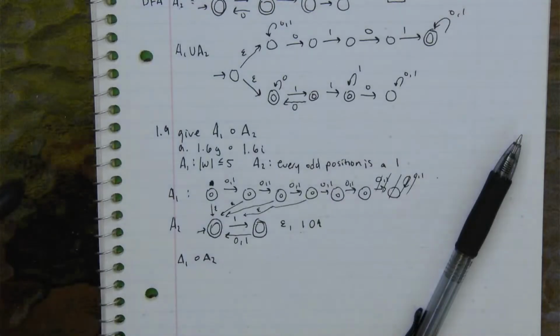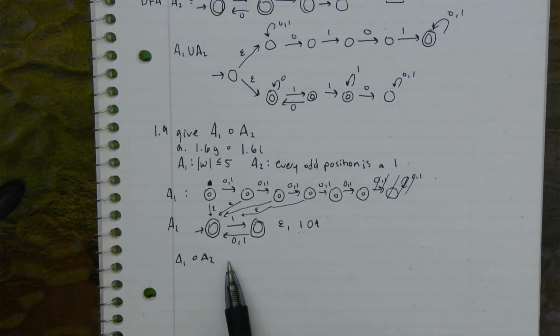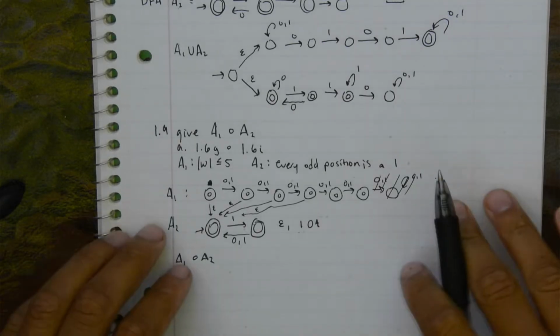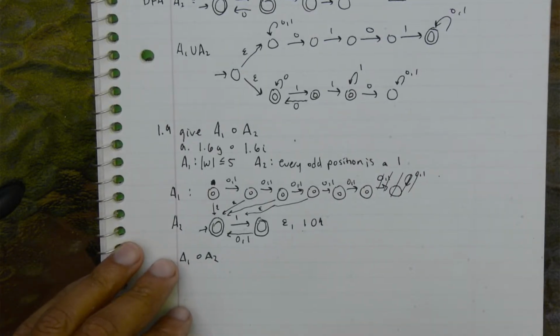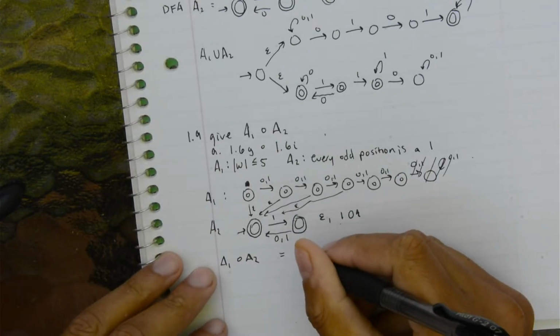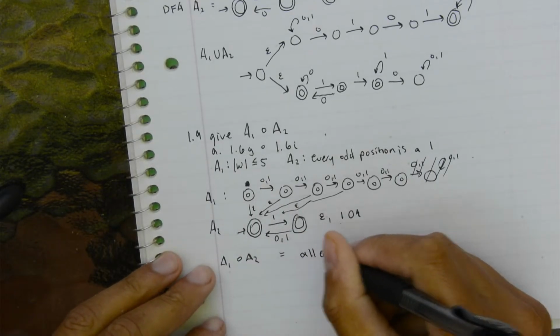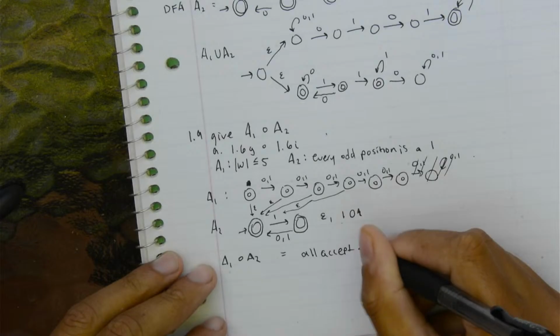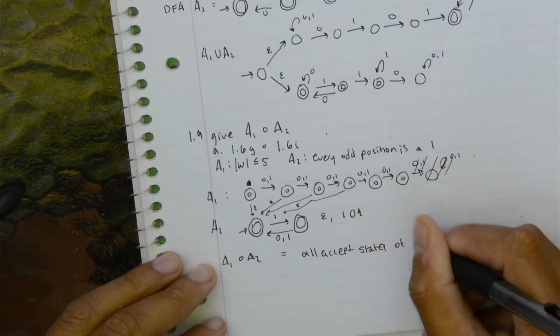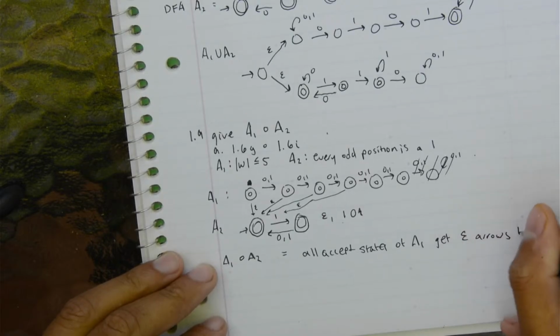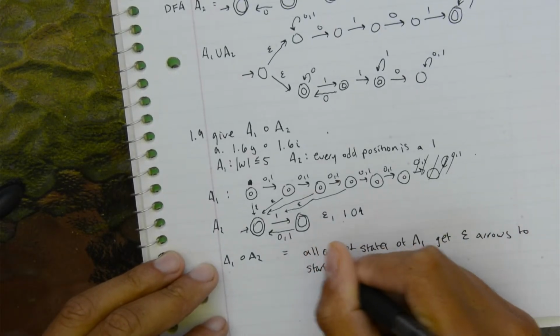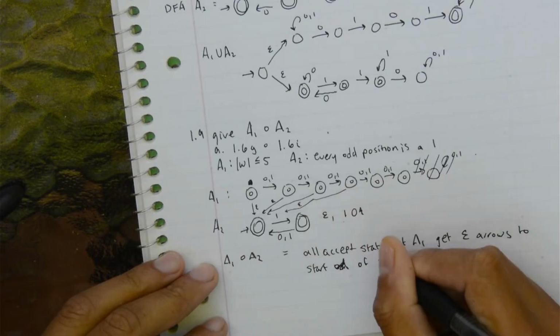Okay, so I think we did this one, right? I think we're good with 1.9. 1.9a. Let's see, B and M next. So I guess this is equal to all except states of A1 get epsilon arrows to the start of A2.